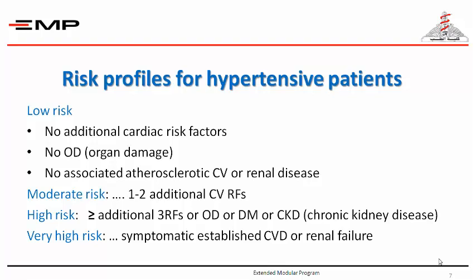On the other hand, high-risk patients have more than 3 risk factors or organ damage or diabetes mellitus or chronic kidney disease. Very high-risk patients are those having symptomatic established cardiovascular disease or renal failure.